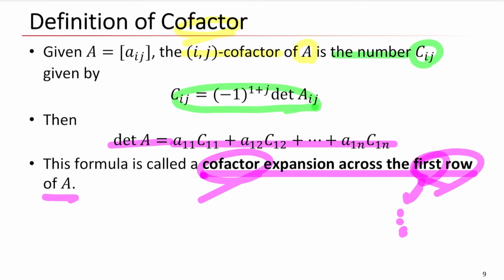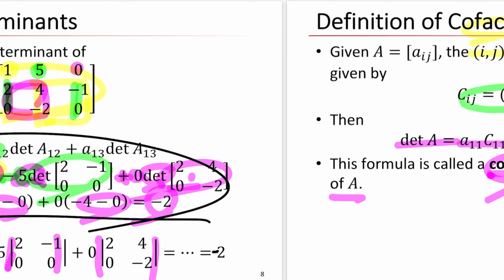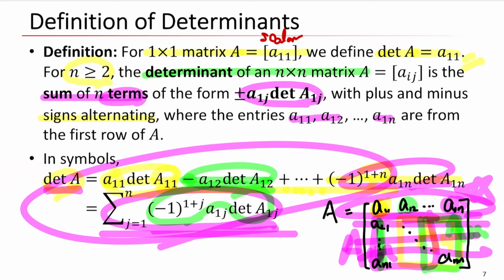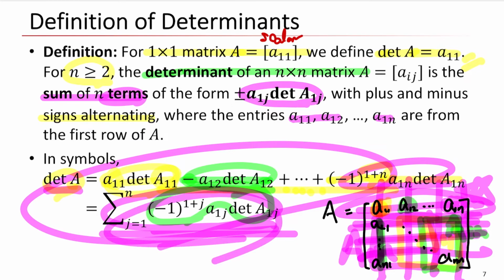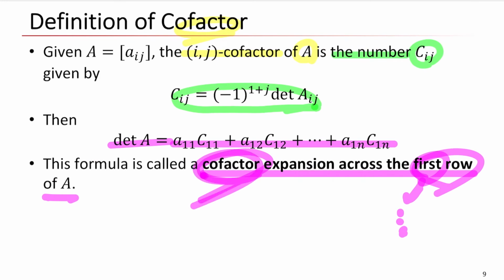So rather than just using the first row, we can use any row as a reference. Or we can use the columns, in other words, as a reference, using the cofactor concept.